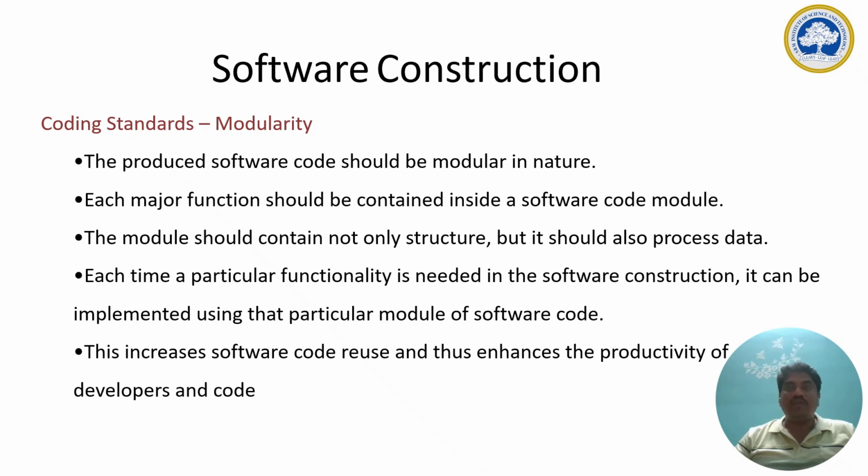Okay, so this is one of the easy ways to produce efficient software in the shortest time. Every team takes responsibility for developing its own module, and finally we combine the modules. This is the first, modularity.